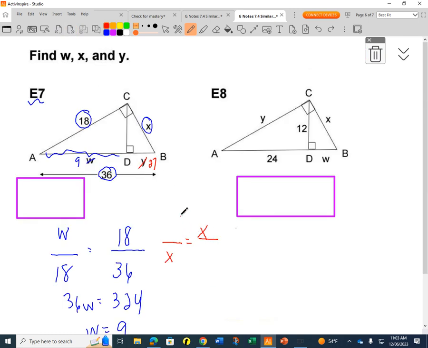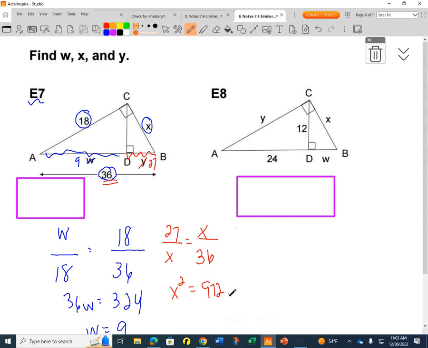So here, it touches DB, which is 27, and the entire length of the hypotenuse, which they've already told us is 36. So now we cross multiply. 27 times 36. Thank you, 972.